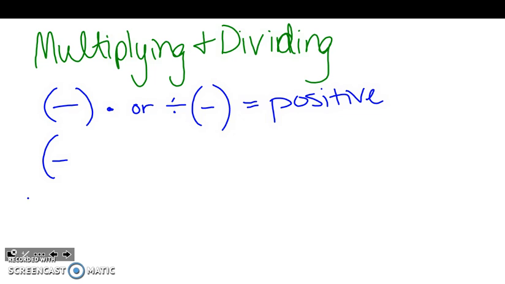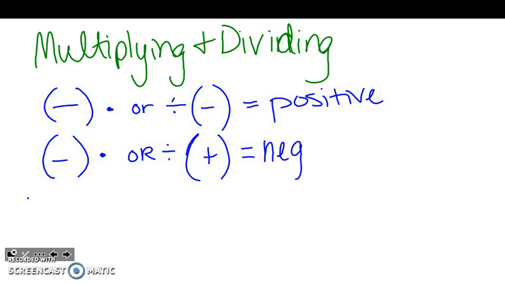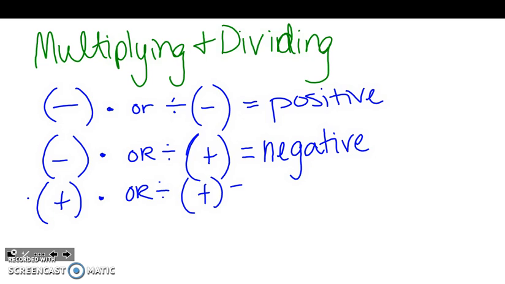If it is a negative times or divided by a positive, so one's negative and one's positive, our answer is going to be negative. And then if it's a positive times or divided by a positive, then it's going to be a positive.